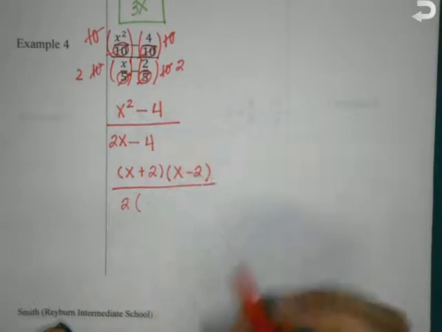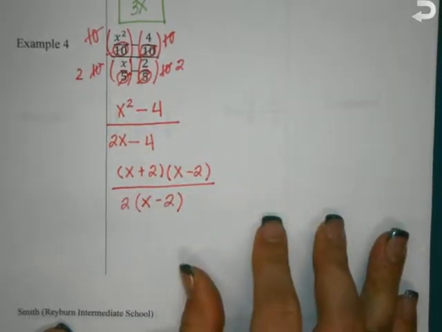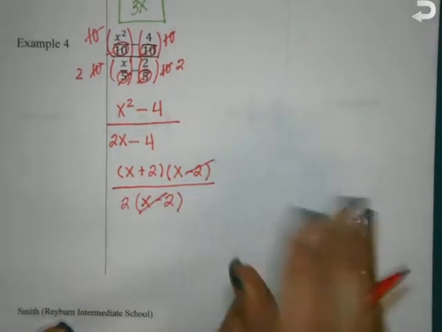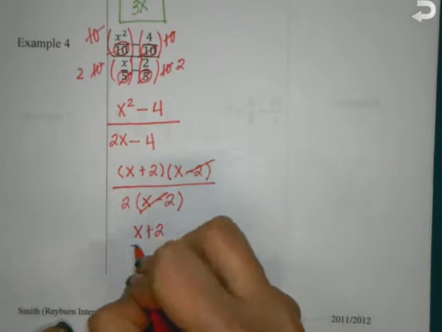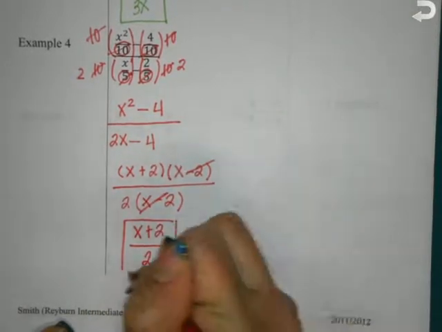The x minus 2's cancel. So what's my answer? x plus 2 over 2. These 2's do not reduce because the numerator is addition, not multiplication. So you leave it like this. Okay?